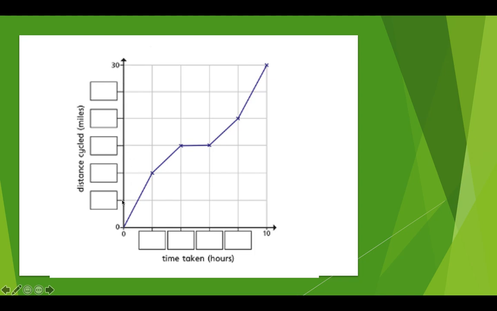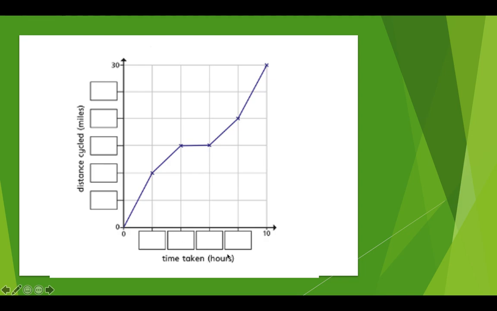Are you counting in ones? 1, 2, 3, 4, 5, 6. No, because you don't get to 30. Are you counting in twos? 2, 4, 6, 8, 10, 12. No, you're not counting in twos. So you have to figure out what you need to count in, remembering they're equal jumps that would get you up to 30 there.